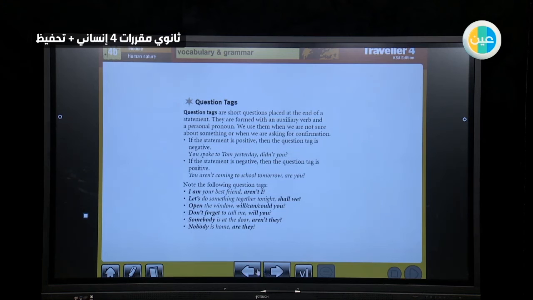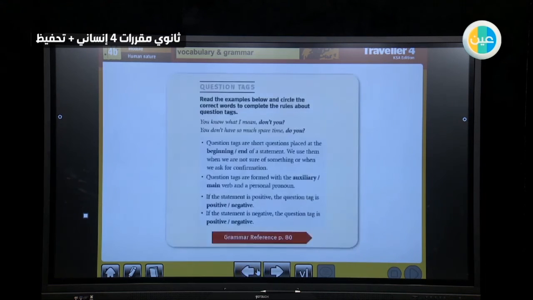So let's go back to the grammar here. Question tags. You know what I mean, don't you? Look, this is a positive statement, so the question tag is negative, don't you? You don't have so much spare time. Don't have. Do you? Question tags are short questions placed at the beginning or at the end of the statement? Actually, it's at the end.